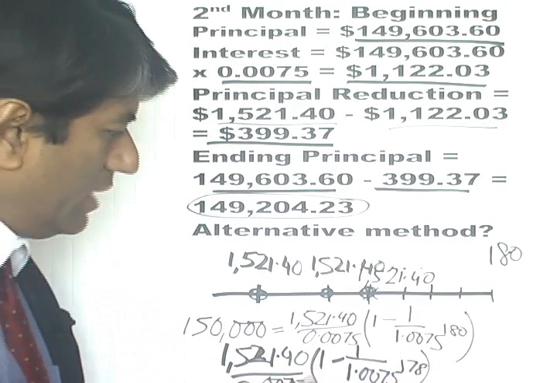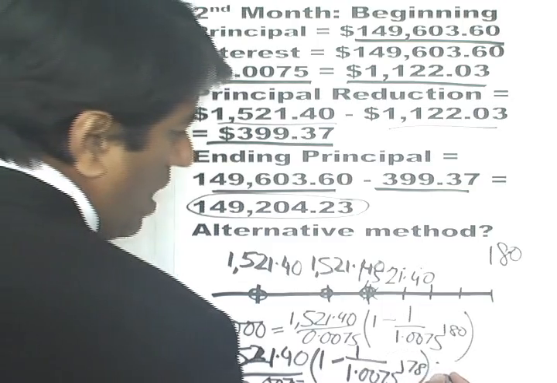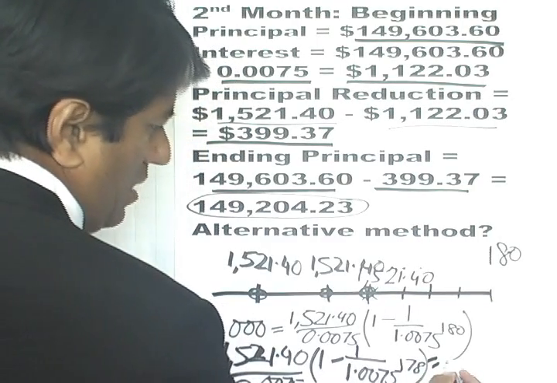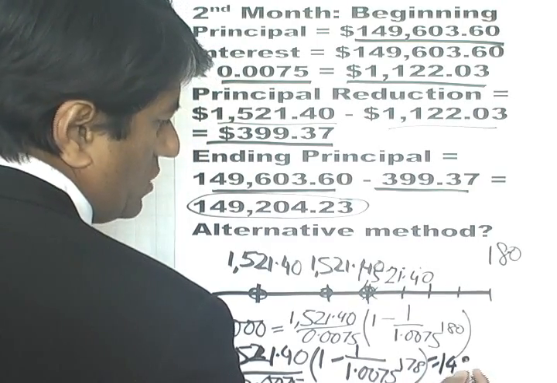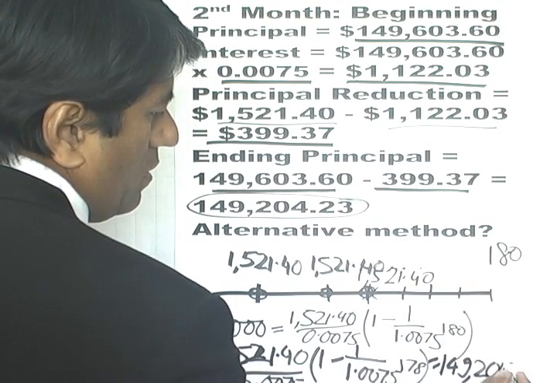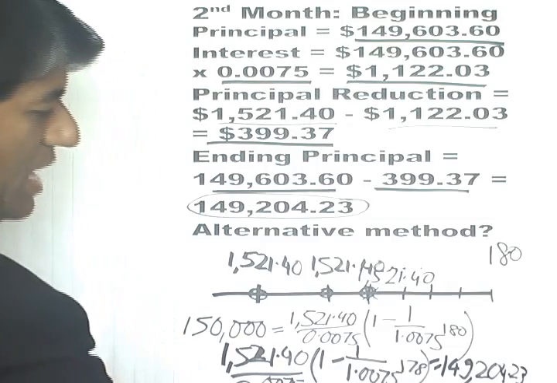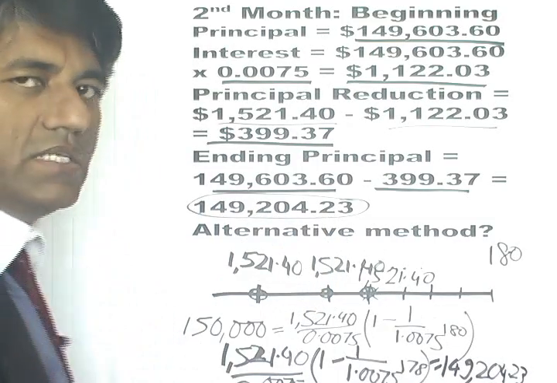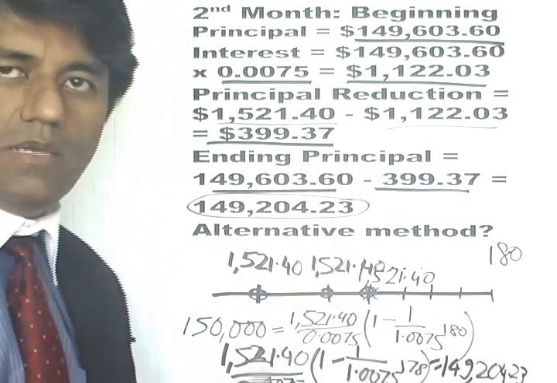And if you calculate this, you are going to get 149,204, which is the same as you got by this other method.